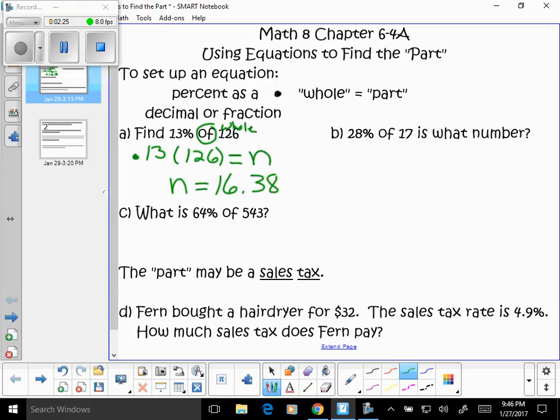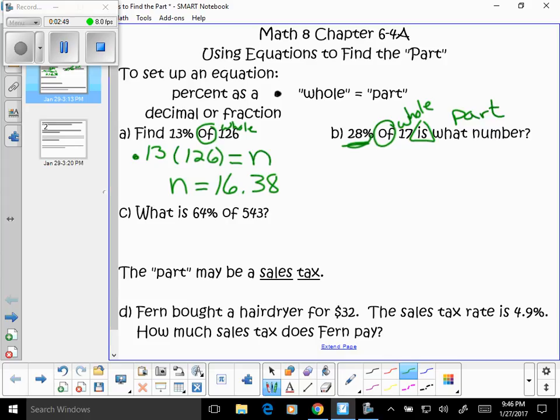Another way they have of writing that is in example B, where here's my percent, here's that word of again, so here's the whole, and then that same clue word from proportions tells me that the next thing coming is the part. Or sometimes it'll say what number is, so then you kind of have to reverse it.